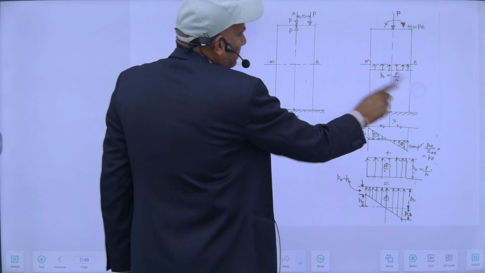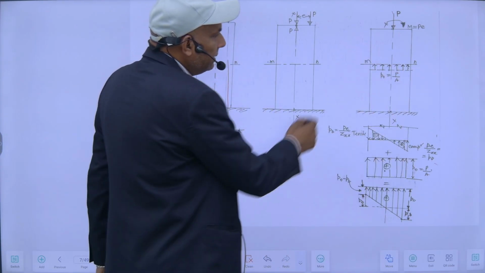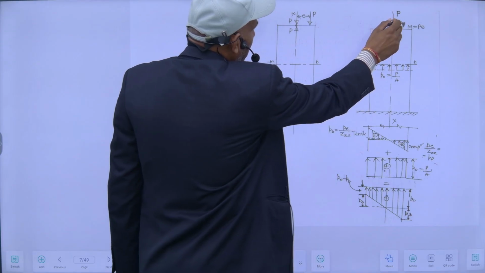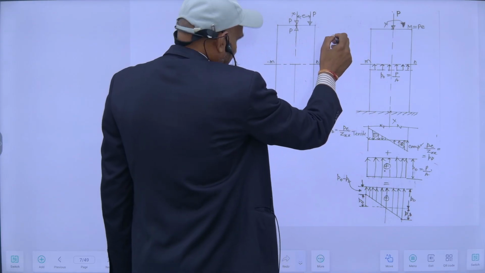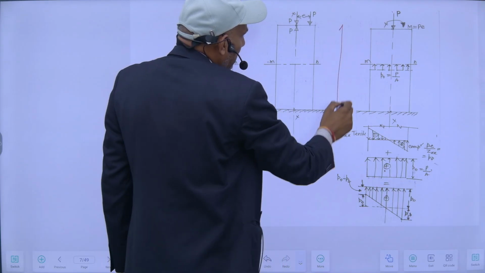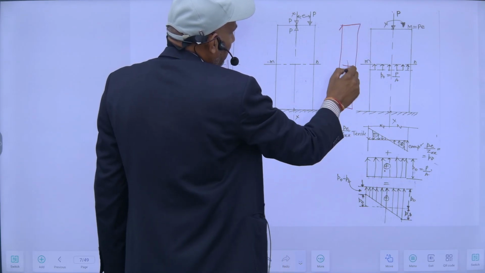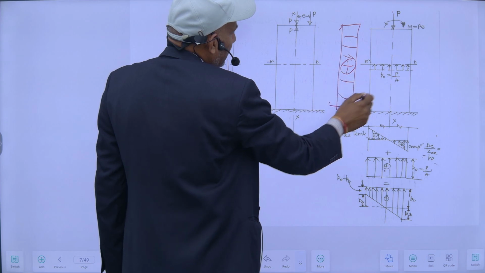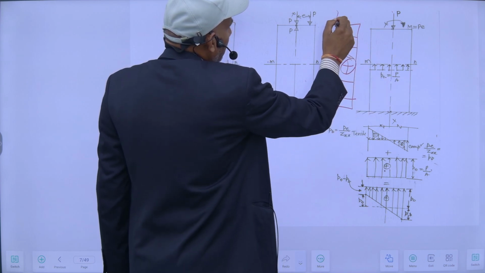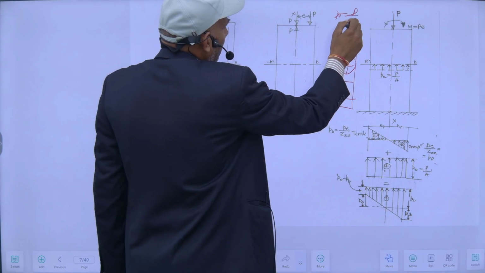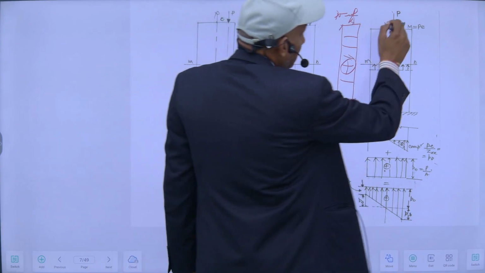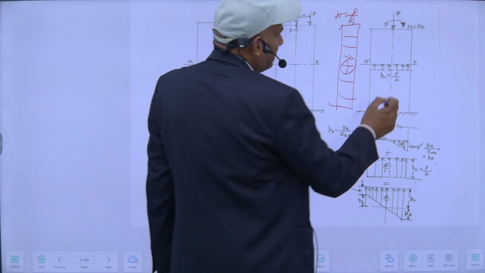If I consider the effect of this direct stress, my stress will be throughout compressive. This is positive. This is a direct stress which will be equal to P upon A. And due to this moment, there will be bending stresses.